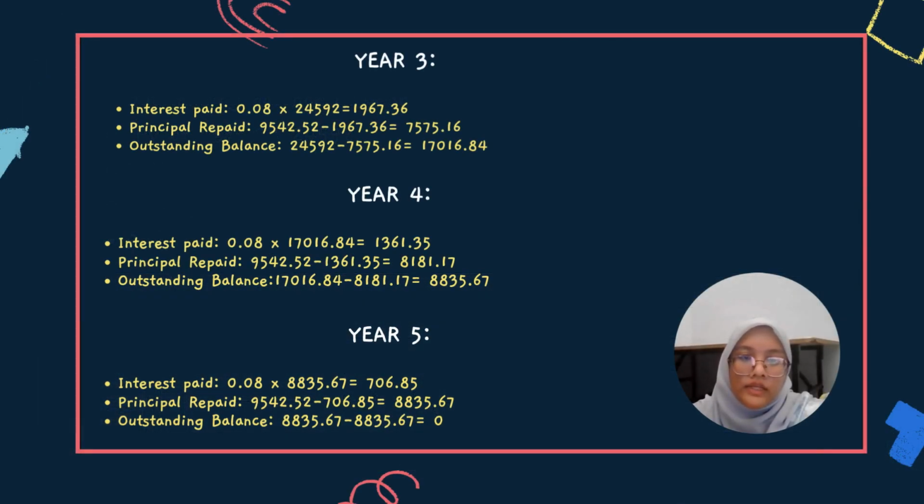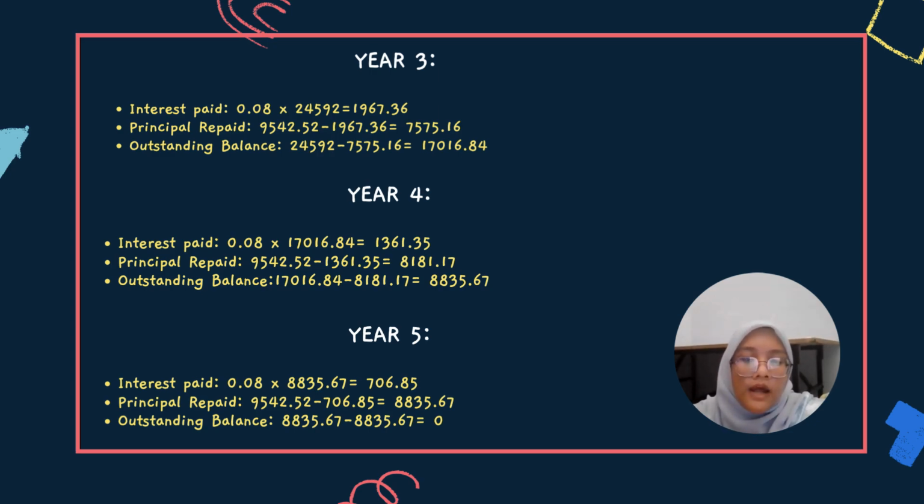Now that we have calculated our new annual level payment of 9,542 ringgit 52 cents, let's look at how it applies to the remaining 3 years. Let's take a look at year 3. We take our 8% interest on the remaining balance of 24,592 ringgit, which gives us 1,967 ringgit 36 cents.